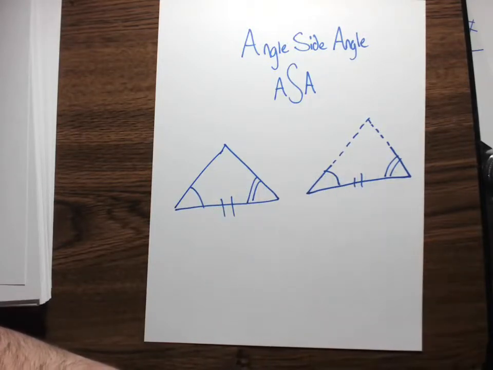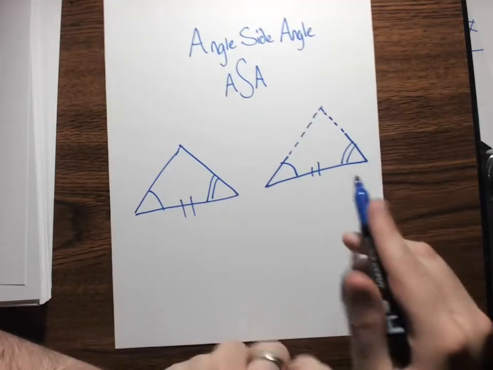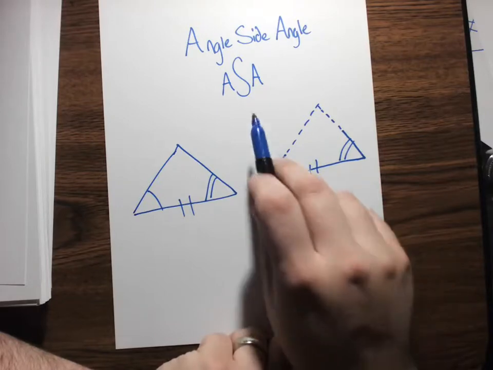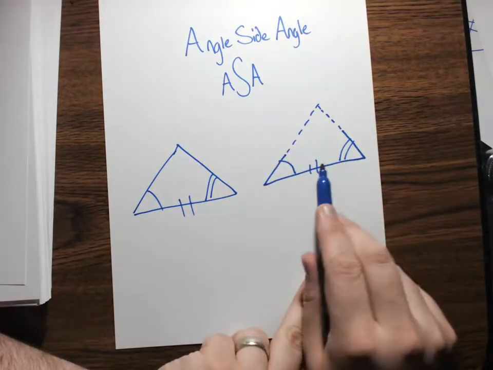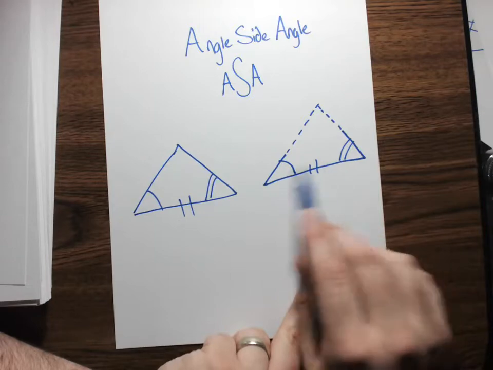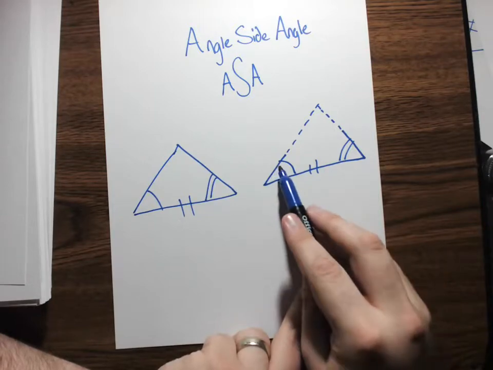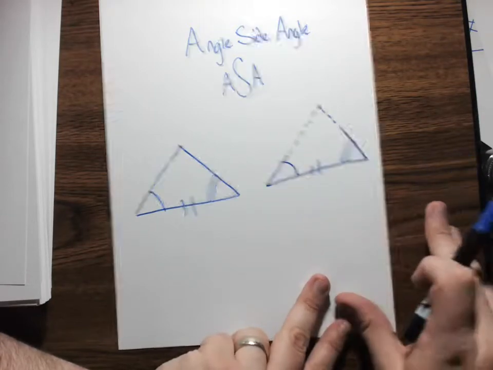So angle, side, angle is all that we need to prove triangle congruence. Now notice right here we have once again an included side. So when it goes angle, side, angle, the line is in between the two angles. You would naturally just go, there's the angle, there's the side, there's the angle.